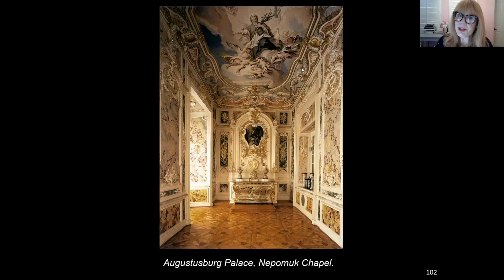Many of these ceilings would either be of the Baroque style, where there's a lot of drama and movement, or of a Rococo style, which has more of the little angels and the little putti flying around. This one is almost looking a bit more heavier Baroque, but nevertheless, amazing ceiling.